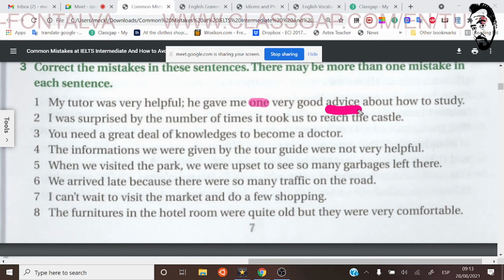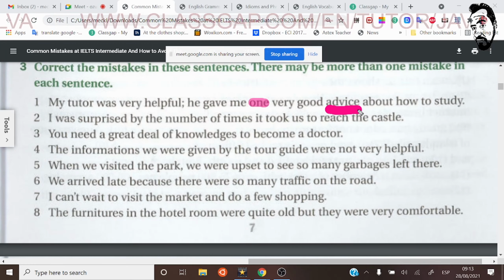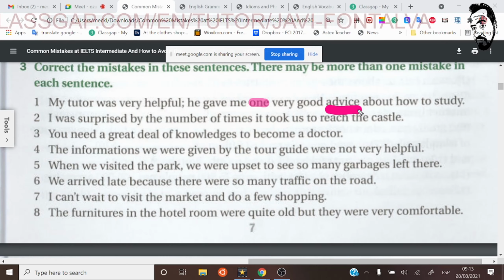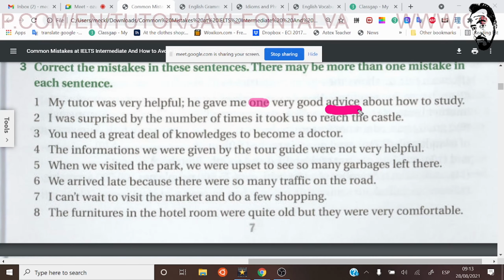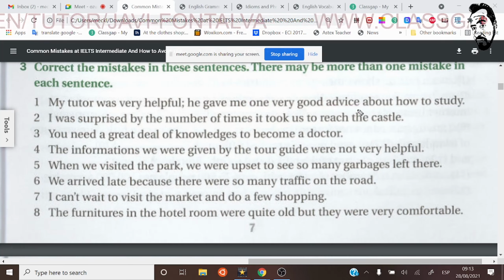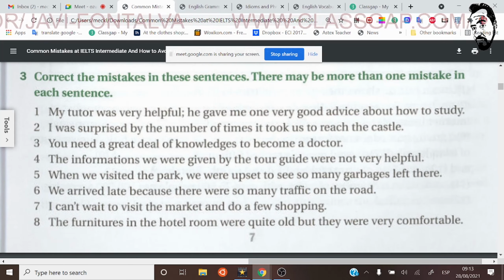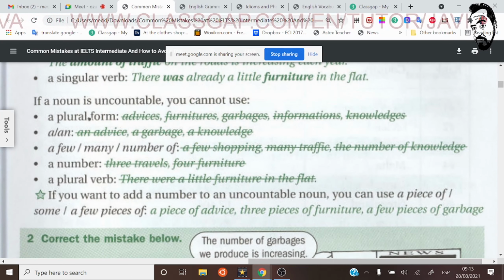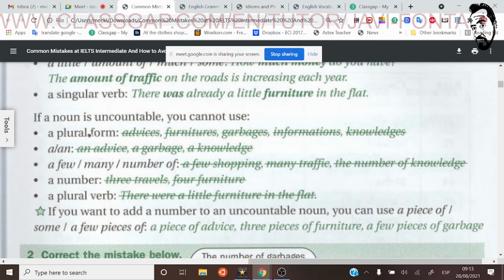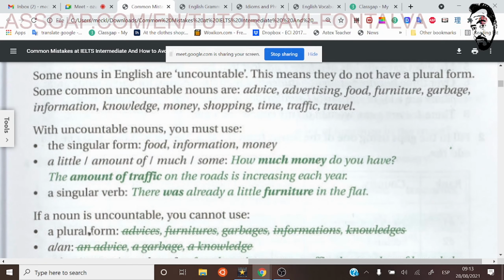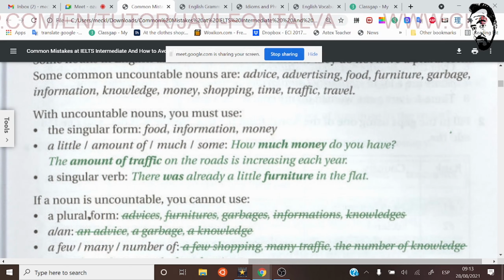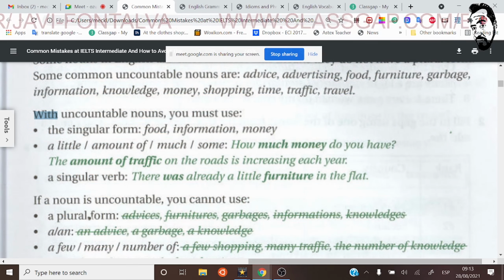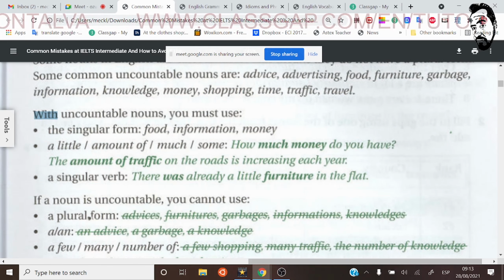My tutor was very helpful. He gave me some good advice.